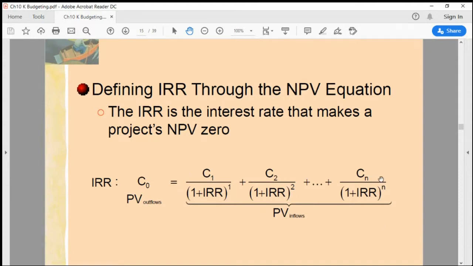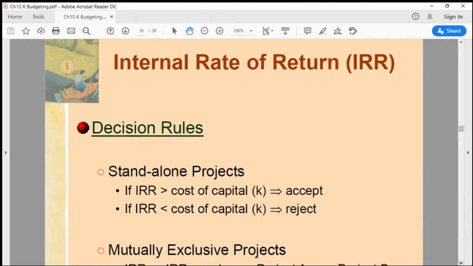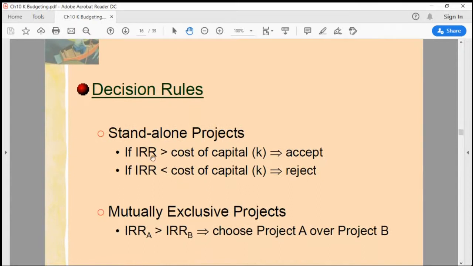So if the right-hand side is equal to the left-hand side, the net present value is automatically zero, because net present value is the right-hand side minus the left-hand side, right? So the decision rule, if you use the internal rate of return method, is: if internal rate of return is greater than the cost of capital, then you accept the project.